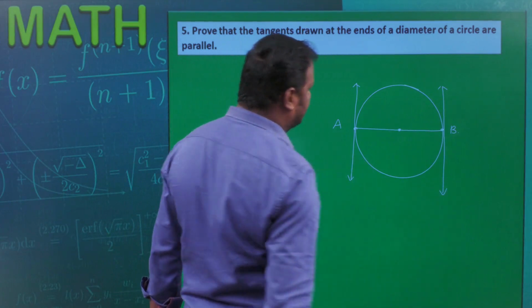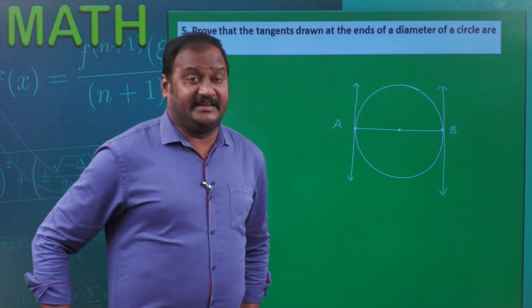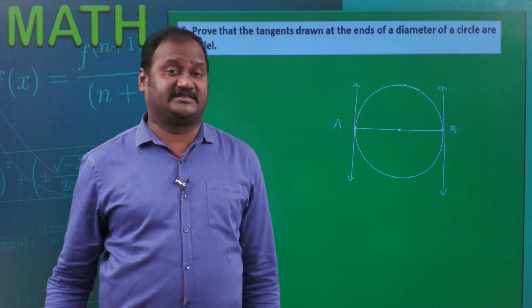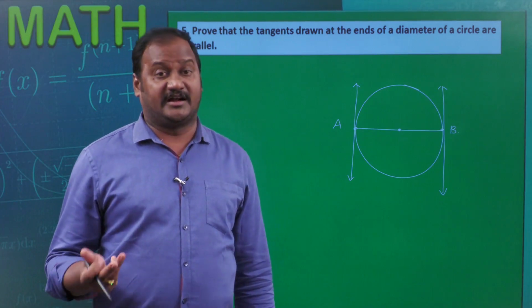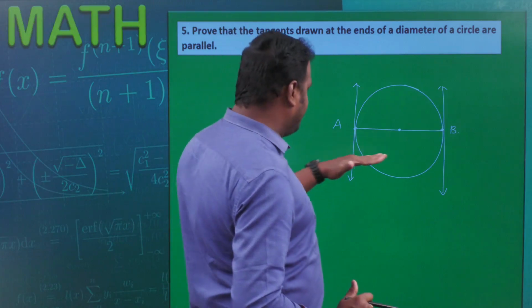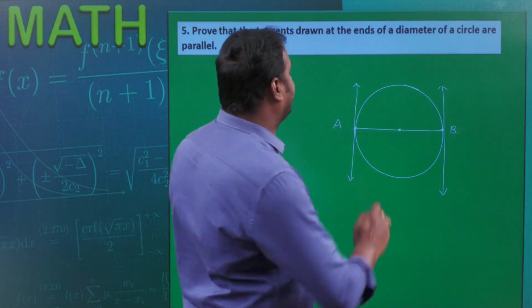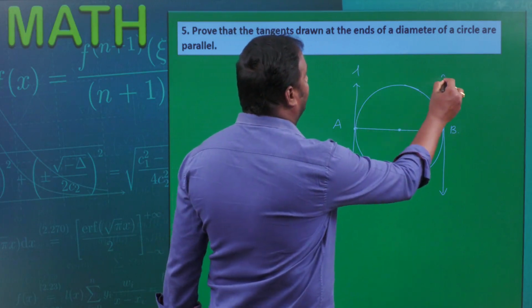So when two lines are said to be parallel, if the interior alternate angles, otherwise corresponding angles are equal, cut by a transversal, right? So now you will have to prove that AB is a transversal and AB is making these two lines, for example this is L and this is M, parallel.